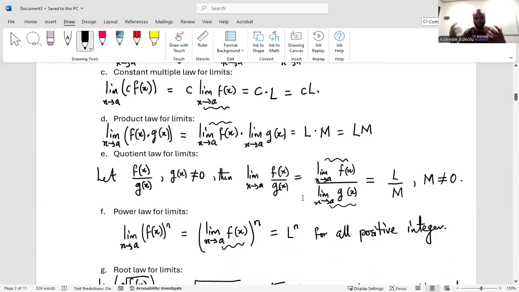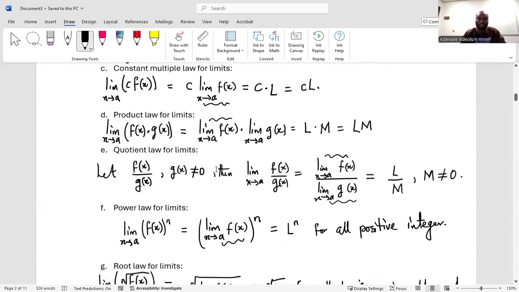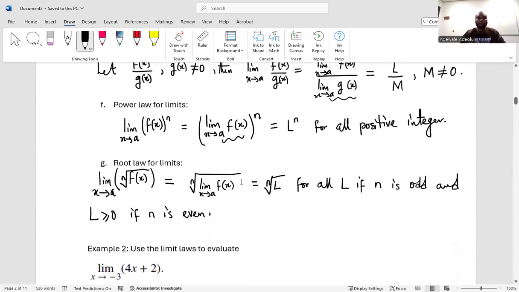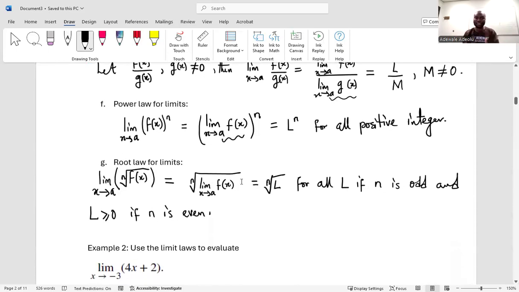The product, you take the limit of each function, then you multiply them together. For division, it is the same. Take the limit of the numerator, take the limit of the denominator, then you divide. For power, move the limit inside, and whatever you get, raise your answer to your positive integer.